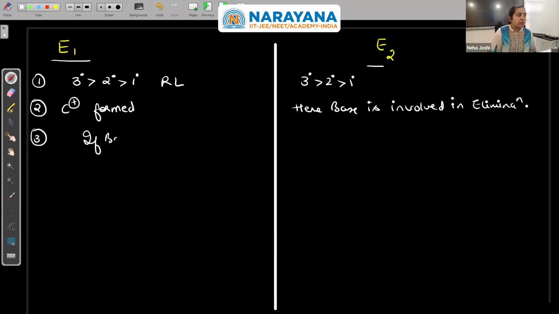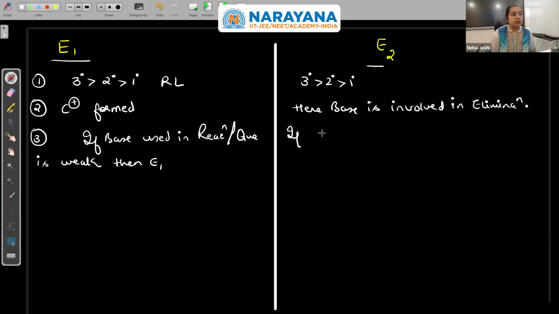If the base used in the reaction or question is weak, then because you have to remove H plus from that alcohol or alkyl halide, you have to have a base in the medium.